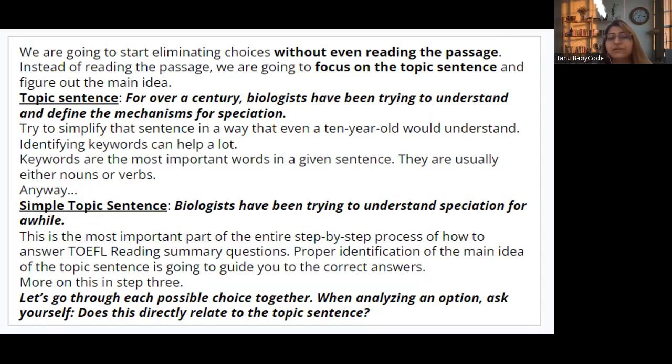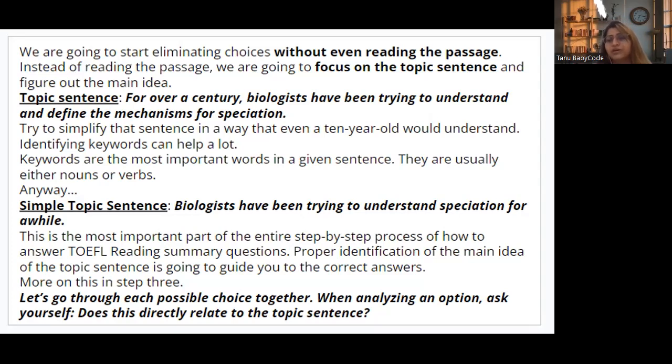Now, try to simplify that sentence so you can understand it. Identify the keywords also. Keywords are the most important words in the given sentence, which can be nouns, verbs, or adverbs. So a simple topic sentence would be: biologists have been trying to understand speciation for a while.